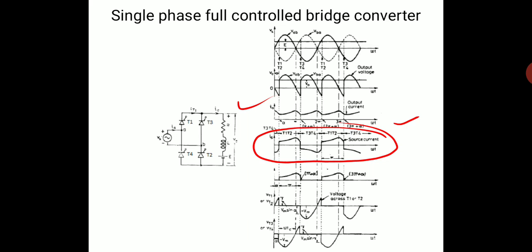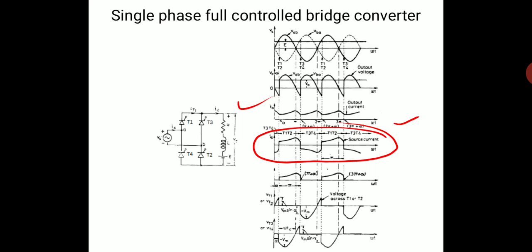And thereafter, the current through thyristor will be from time instant omega t is equal to 2 pi plus alpha to omega t is equal to 3 pi plus alpha. We have not drawn here current through thyristor T3 and T4, but the current through thyristor T3 and T4 will be in this mid region, that is from omega t is equal to pi plus alpha to omega t is equal to 2 pi plus alpha, and before this omega t is equal to alpha instant.